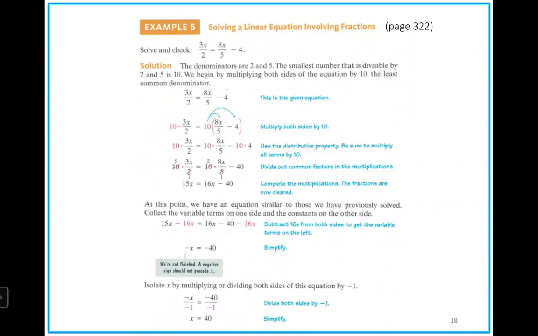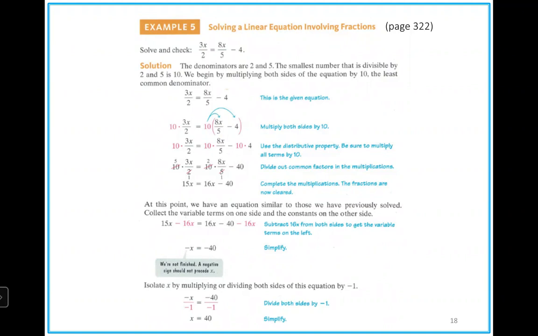So the equations without fractions are easier to solve, but when you have fractions, basically the same principle with adding or subtracting fractions could be used here. So in this case, we have 3x over 2 equals 8x over 5 minus 4.